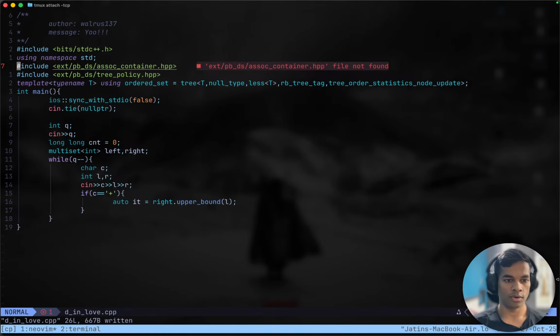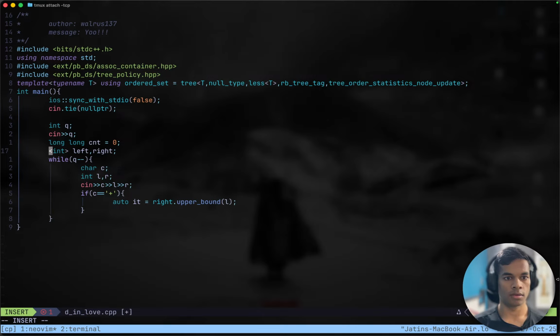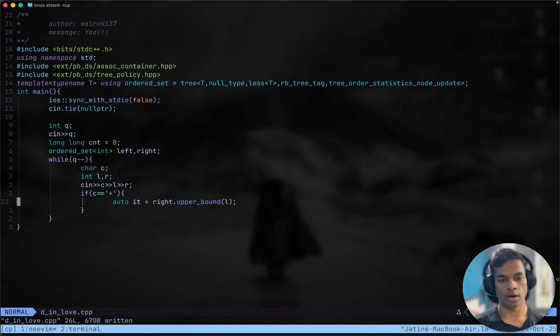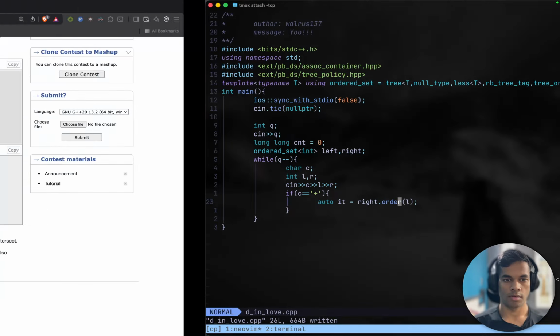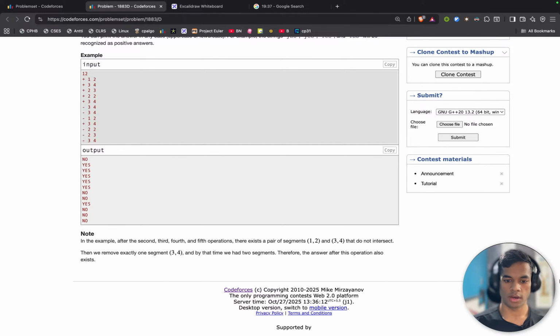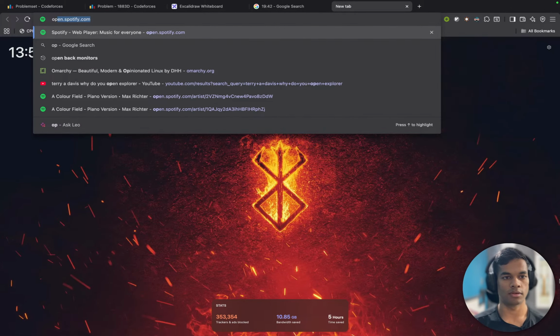File not found. The LSP does not know where the file is. Anyways, here this would be ordered set. What are the operations on a policy-based data structure?